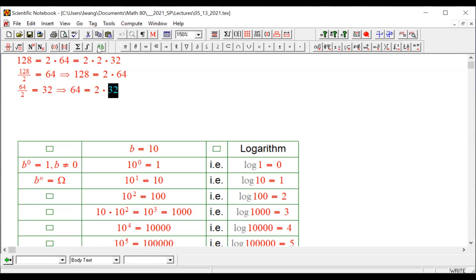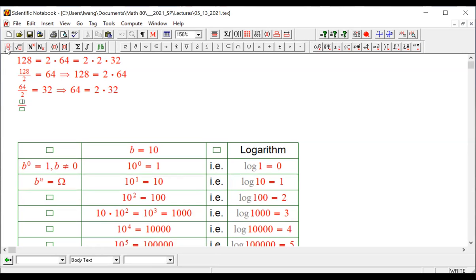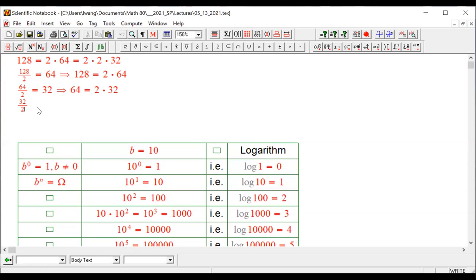And you take 32, continue the division. That equals 16, yes? And what does this tell you? Are you guys writing it down? So 32 is equal to 2 times 16. So you continue this process. Now you have 2 squared already.